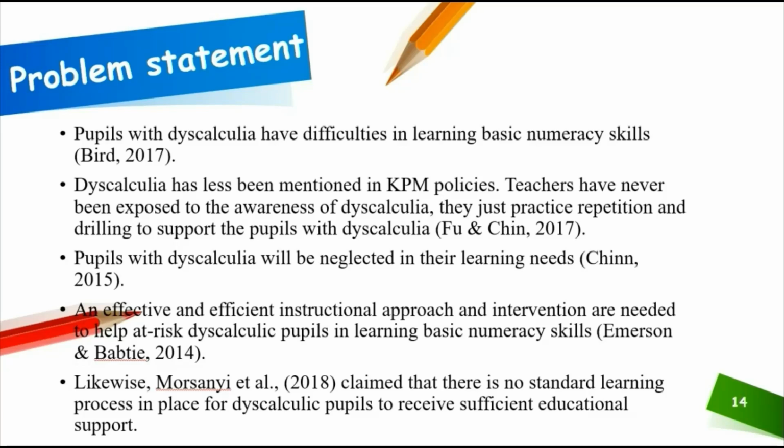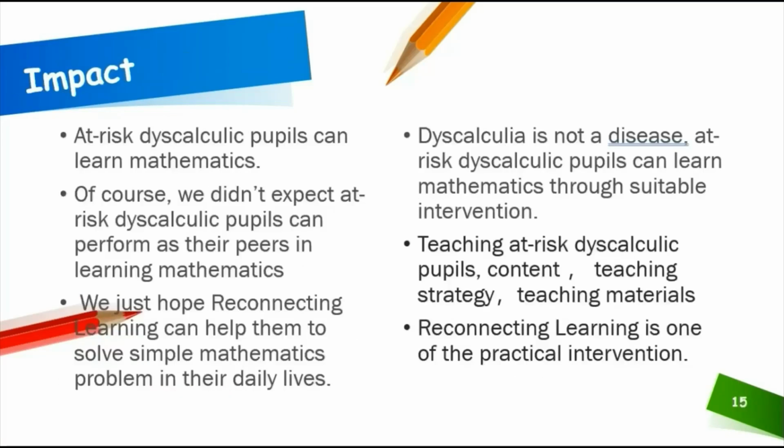So, an effective and efficient instructional approach and intervention are needed to help at-risk dyscalculic people in learning basic numeracy skill. Likewise, Monsai claims that there is no standard learning process in place for dyscalculic people to receive sufficient education support. That's why we need to do some interventions about my Reconnecting Learning.